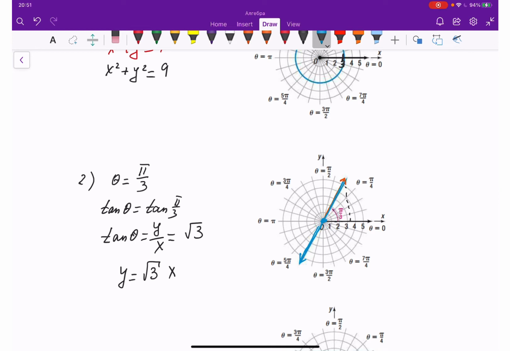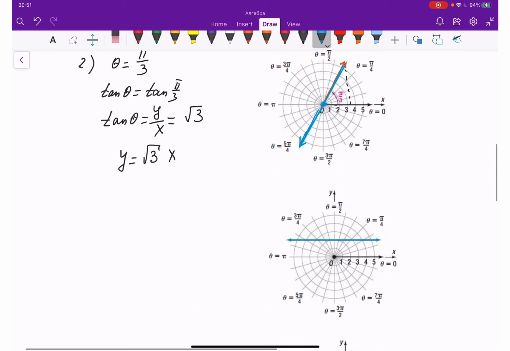Okay, next question, number 3. We are solving easy cases right now. We'll go to more interesting cases after I cover this one, and we'll start solving more interesting cases.